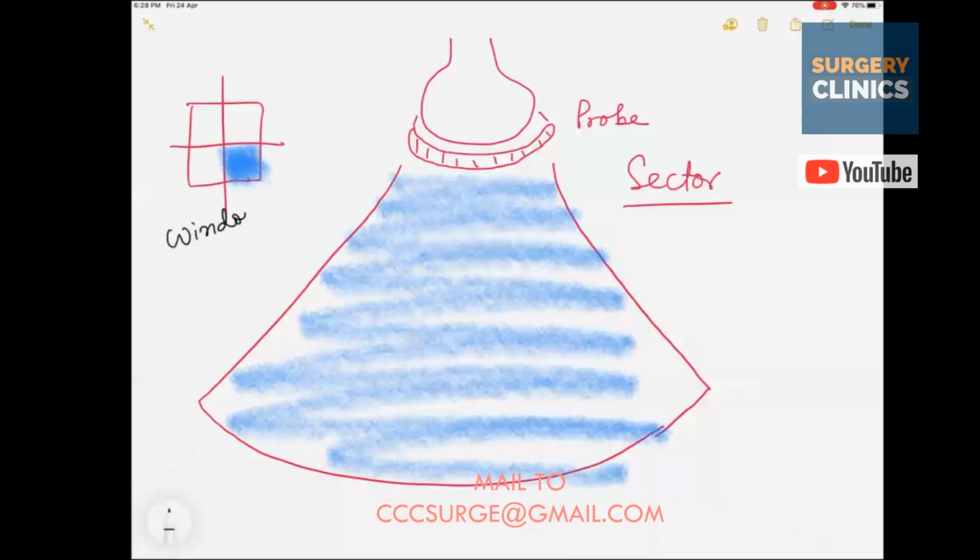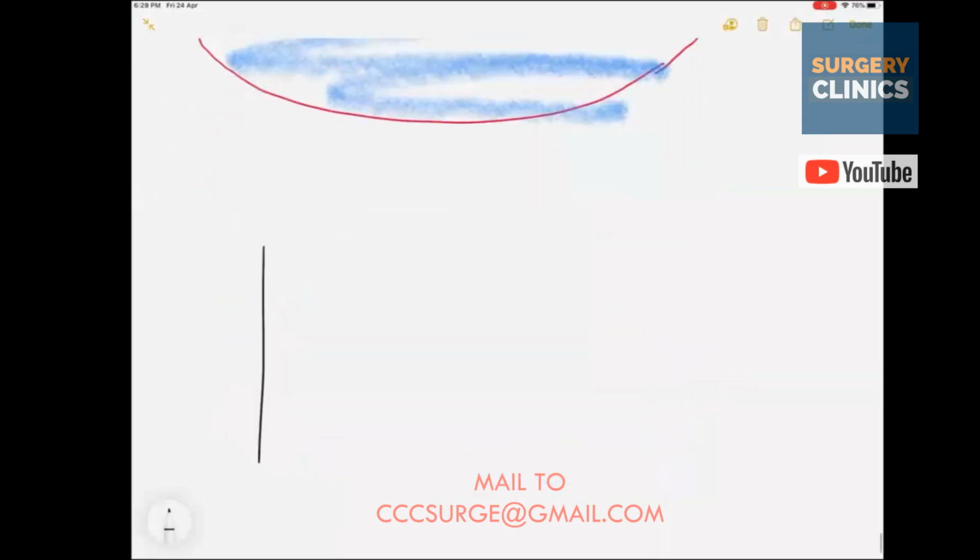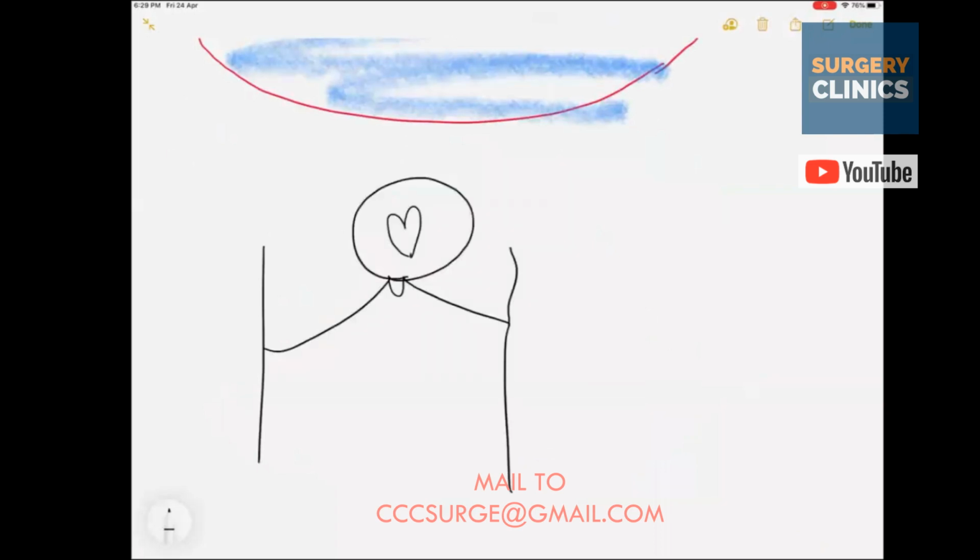You did not get the full picture, but now if this is the xiphoid cartilage, this is the heart, and you place the probe down here, remember, you are getting a section that looks like a triangle.